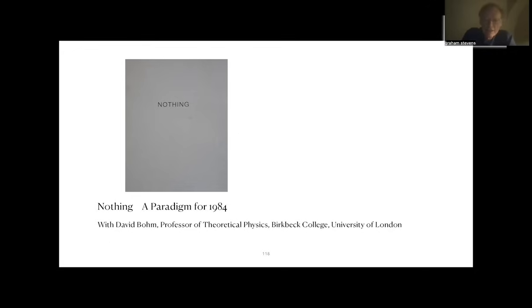So in 1984, I started working with Professor David Bohm, Professor of Theoretical Physics at Birkbeck College. He was the last person to work with Einstein, basically. He lived in Princeton and tried to solve the contradiction between quantum mechanics and relativity.